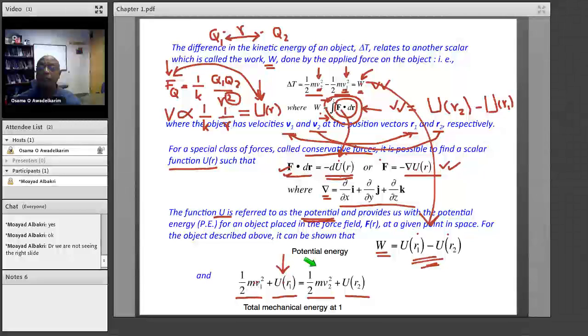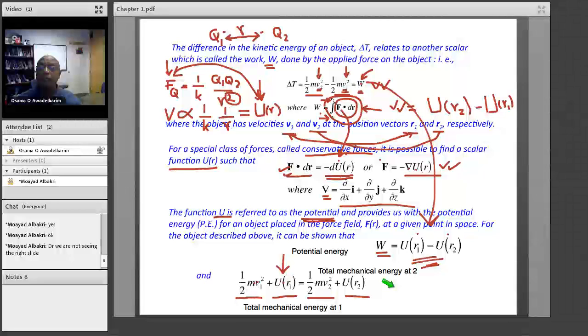at position 2. So what we have here is that the total mechanical energy at position 1 is equal to the total mechanical energy in position 2, is equal to the total mechanical energy at position 3, position 4, etc. So what we really have here is conservation of energy.